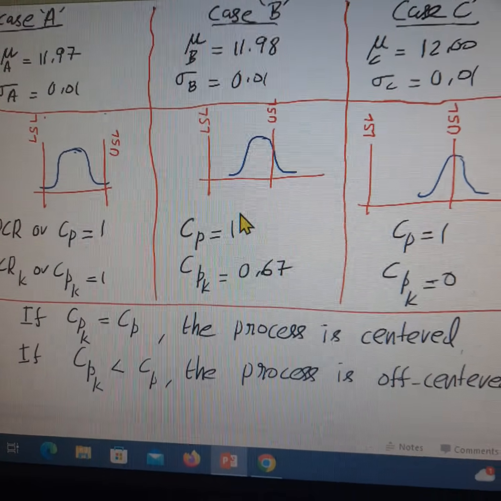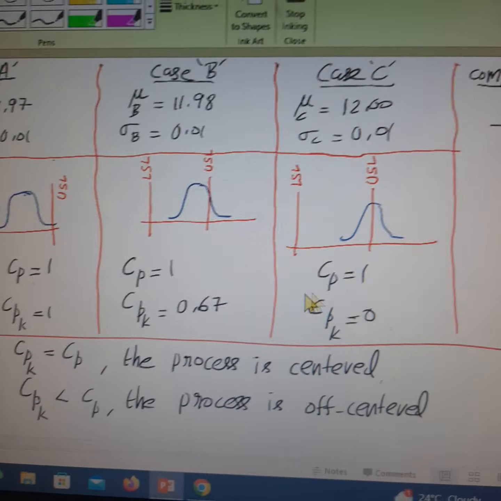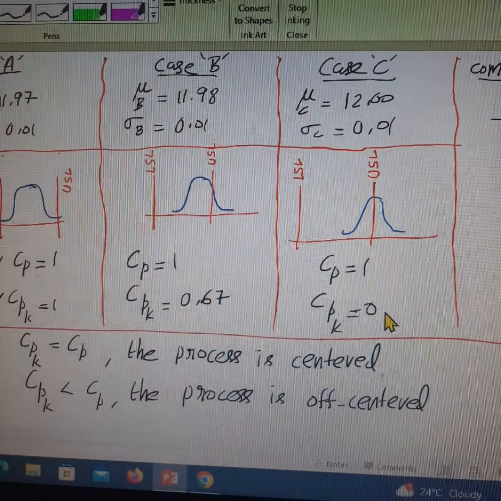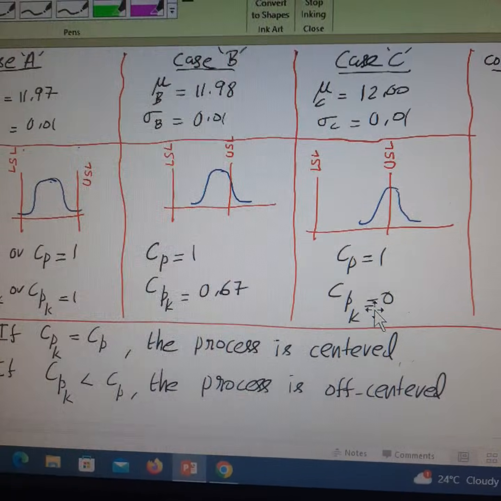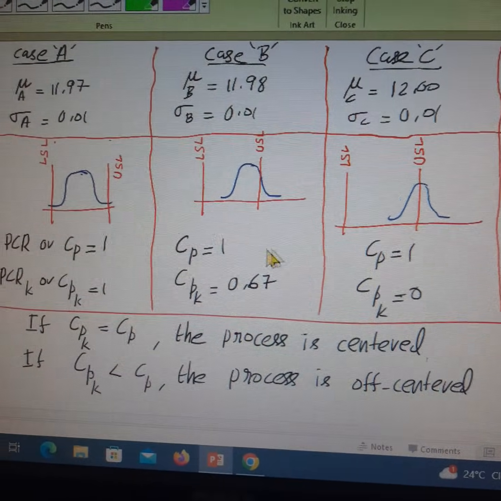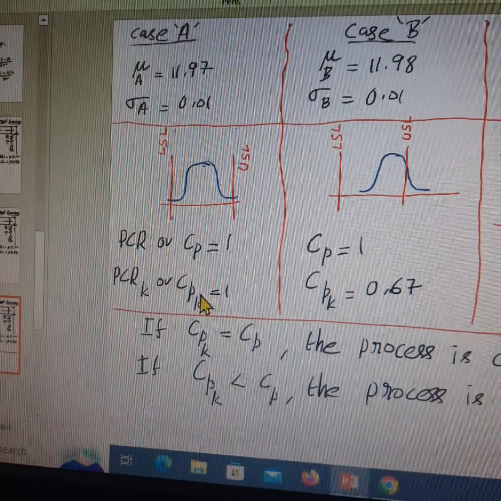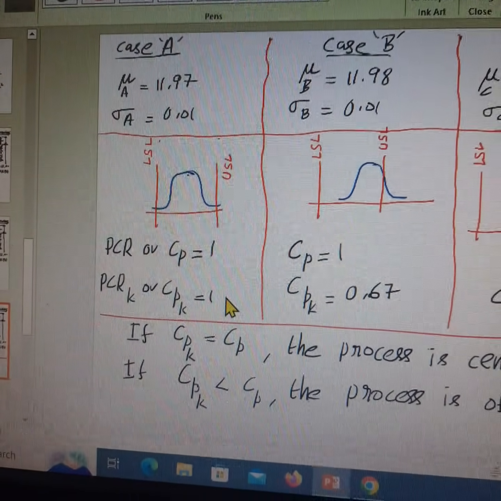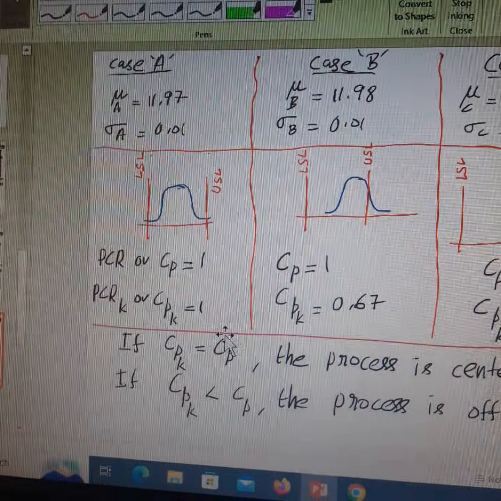By comparing Cp and Cpk for case B and case C, we can identify that Cpk is less than Cp for both cases. So both cases are examples of off-center process. Case A, where both Cp and Cpk are equal, is an example of a centered process.